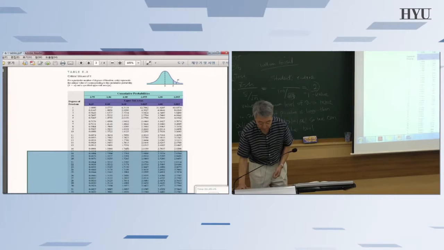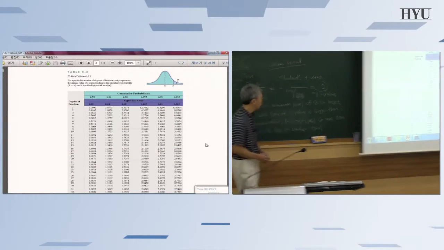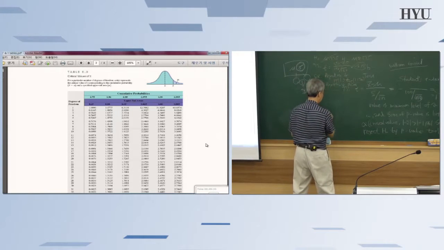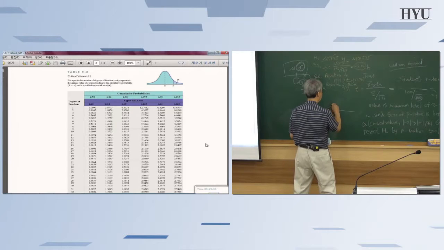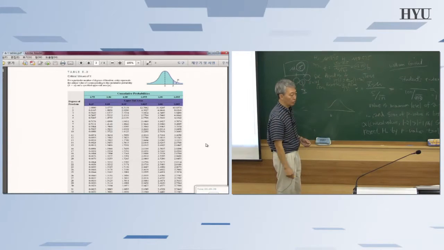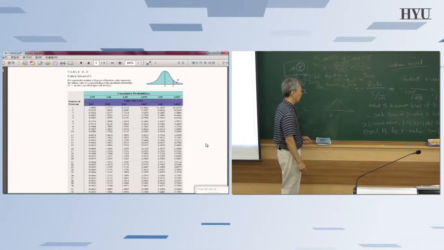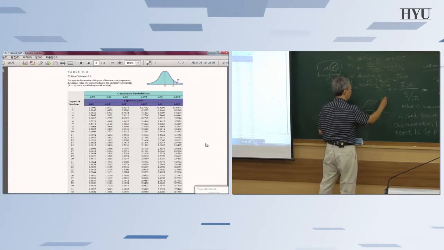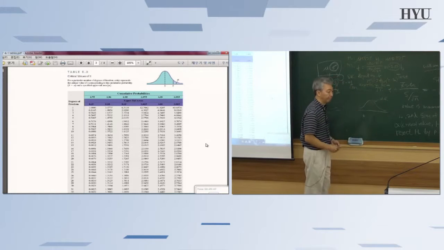So how come we have so many different numbers here? Because of the shape of the T distribution. I told you the T distribution is a little bit wider than the normal distribution, but the exact shape depends on degrees of freedom.